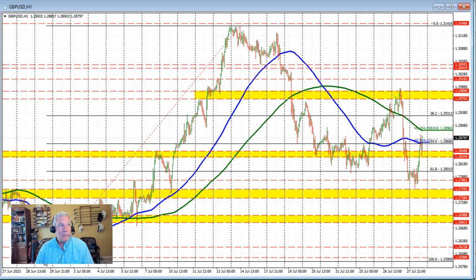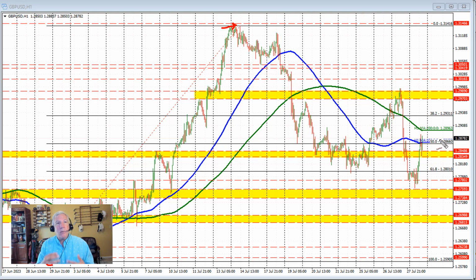The 50% retracement of the move up from the end of June low to the high price that we saw in July is also in play. That level comes in at the 128.66 level, and as you can see, we're currently trading just above the 100 and the 50% retracement level. So we're in sort of a neutral area now as we head toward the end of the week.